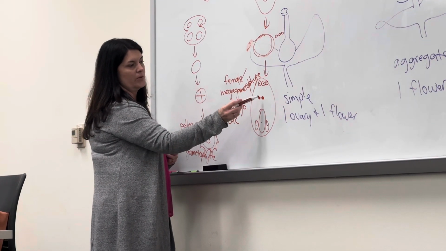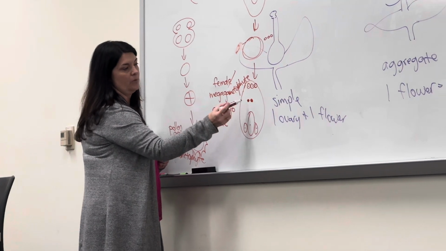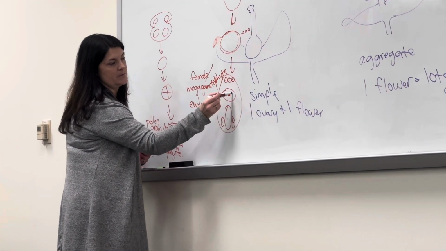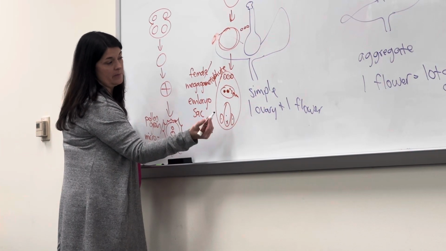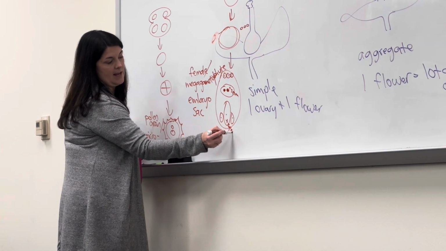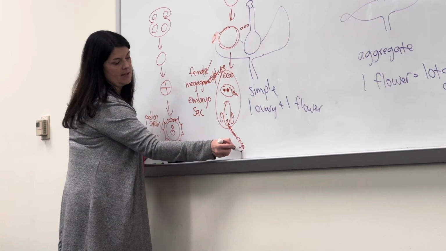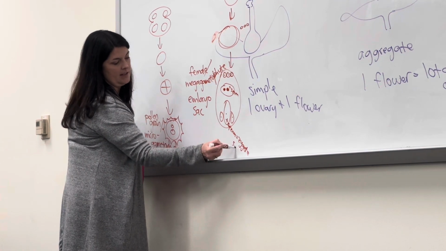All right, so these are the polar nuclei, which hopefully will be plus sperm, and that becomes 3N, that becomes endosperm. Hopefully the egg will be plus sperm, and then that's going to be the zygote, or the seed, right?